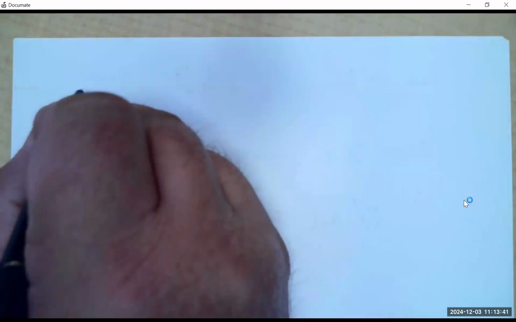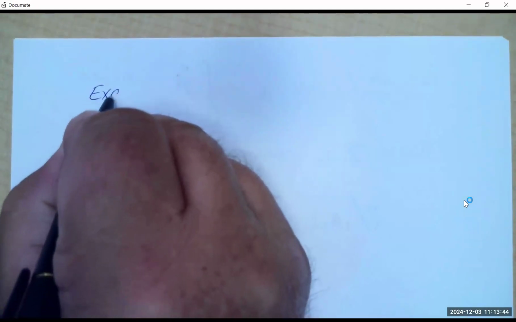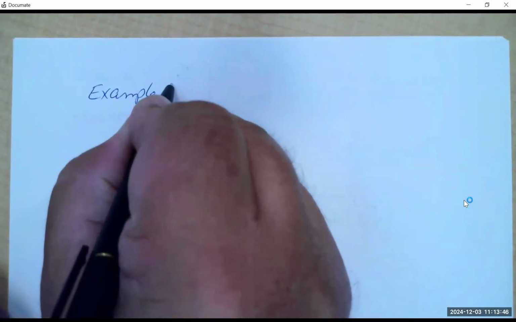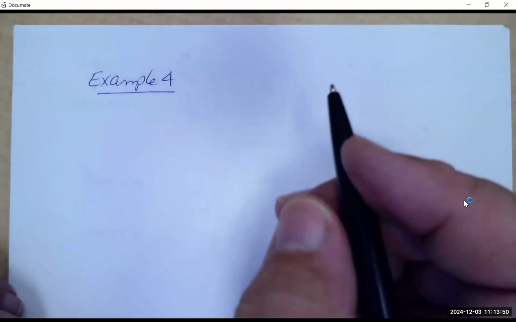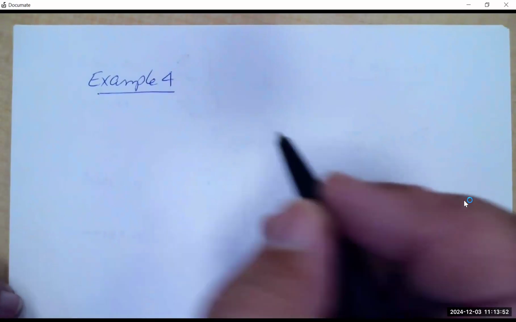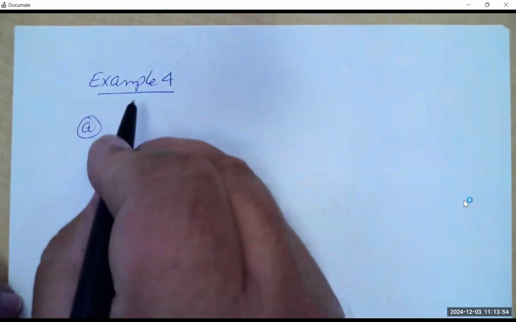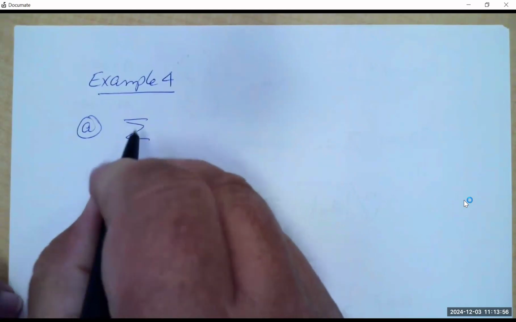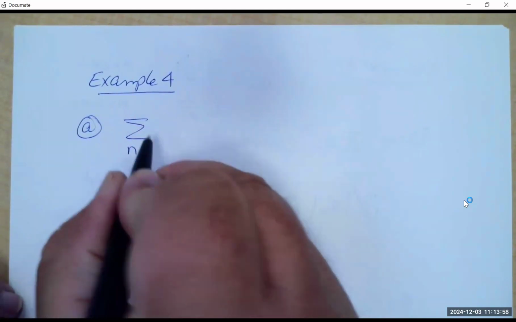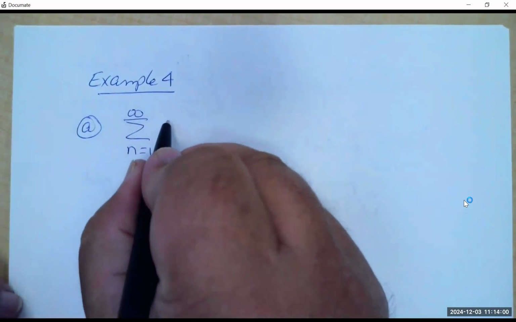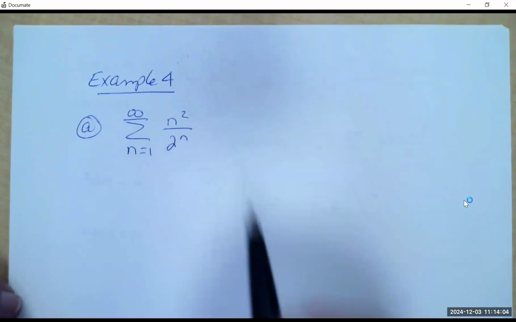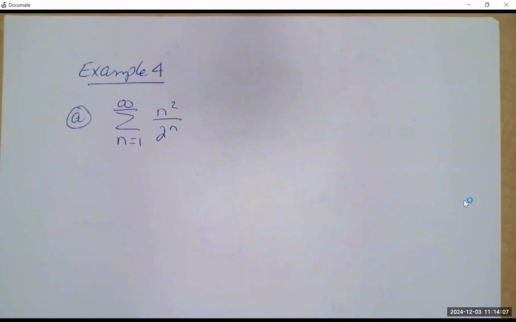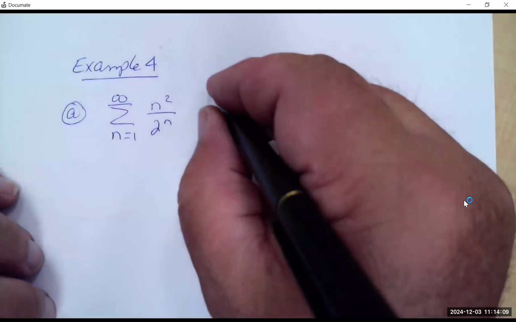All right. Example 4. Which of the following series converges and which diverges? Let's go down these.